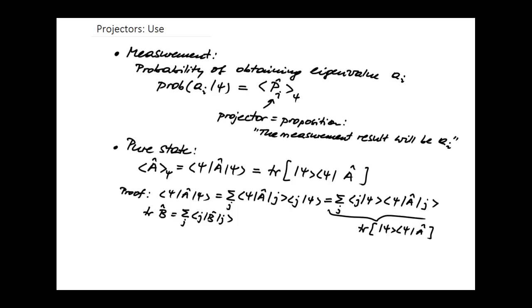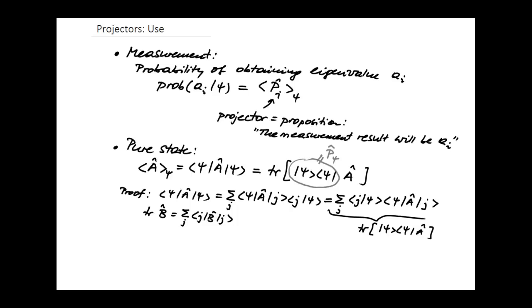But now we learned that this object, the ket-bra |ψ⟩⟨ψ|, is nothing but a projection operator onto a one-dimensional subspace, namely the subspace spanned by ψ.